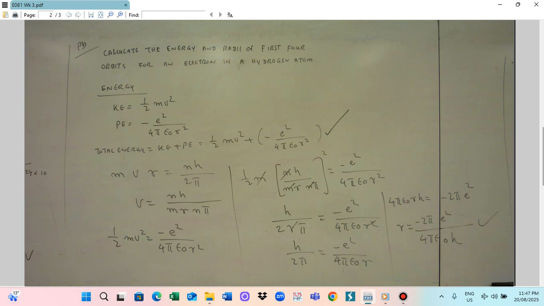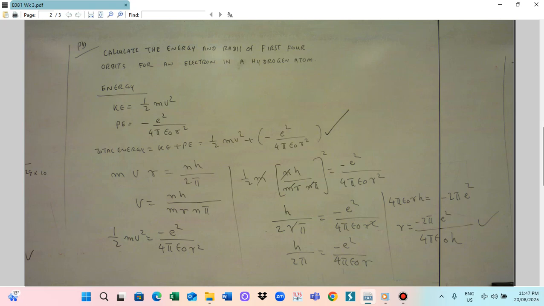In this case, m is the electron's mass, v is the electron's velocity, r is the electron radius, and n is the orbit number, as the electrons are circulating the nucleus. h is the Planck constant, with the 2 pi. So with this equation, we can find out the electron's radius.